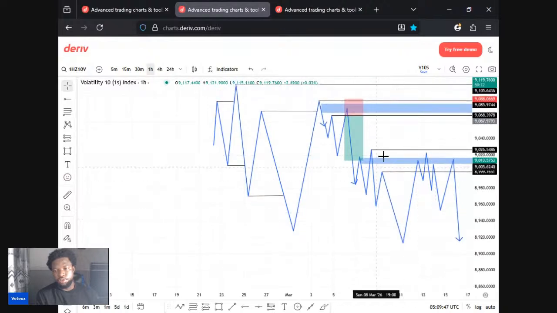The same thing. If this is a 1 hour structure that you see, and this is a continuation structure, this becomes your point of interest too. And then you take yourself to the downside.